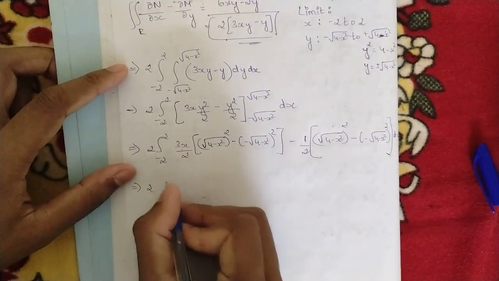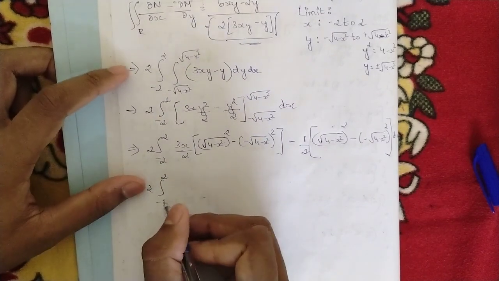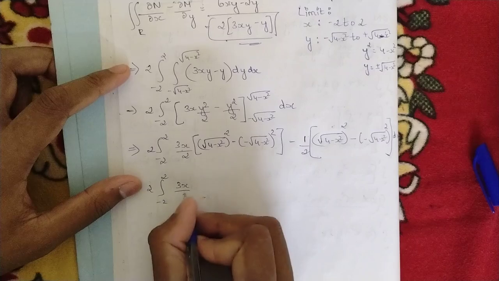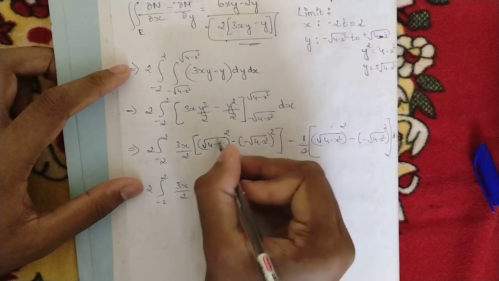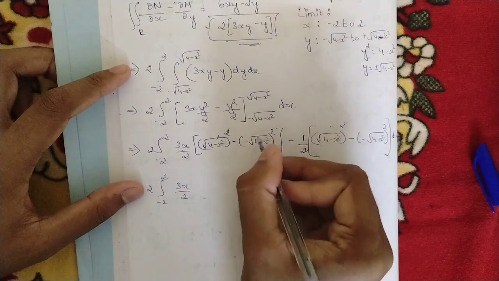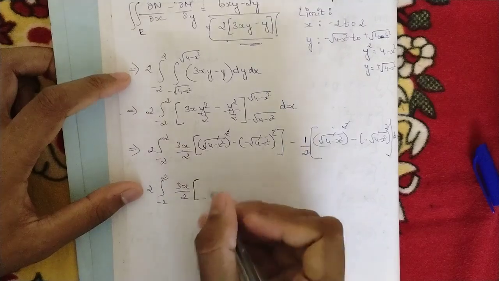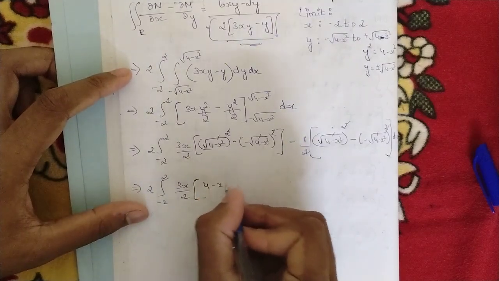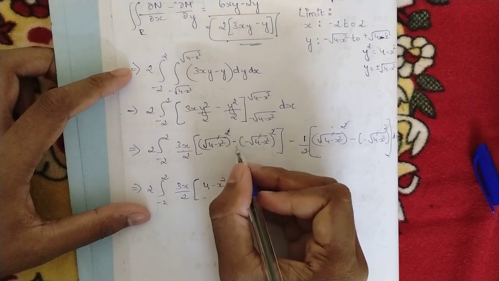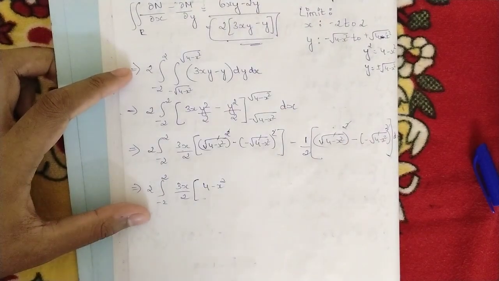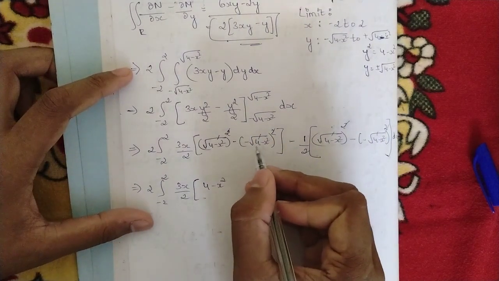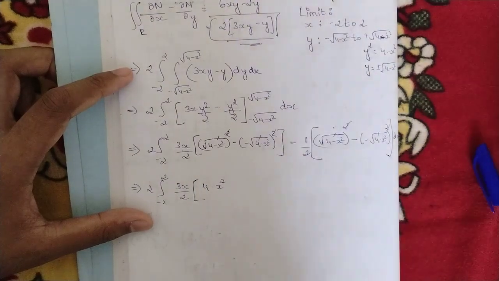Solve it. 3x by 2. So here root and square go. Here also root and square go. Everywhere the root and square would be cancelled. So we would be left with 4 minus x square, again.